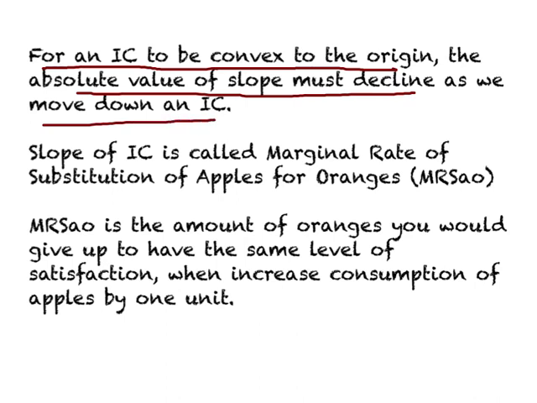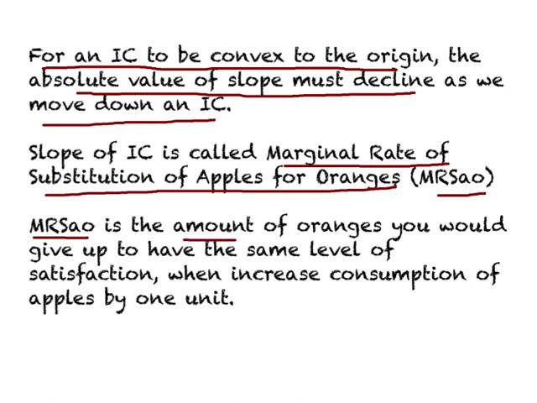Now, slope of an indifference curve is called marginal rate of substitution. And what are you substituting? Apples for oranges when you move down. And we can abbreviate this as MRS_AO because we'll be using it again and again. So here is a formal definition of marginal rate of substitution between apples and oranges.